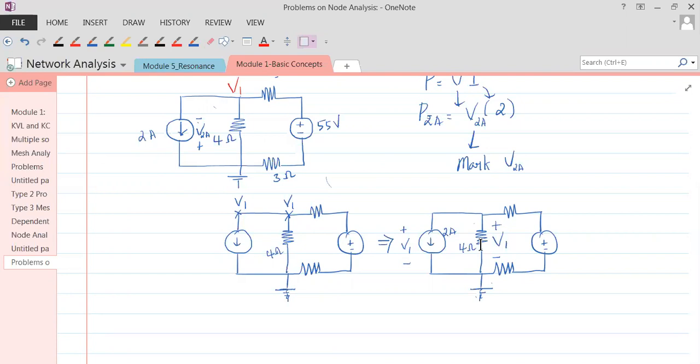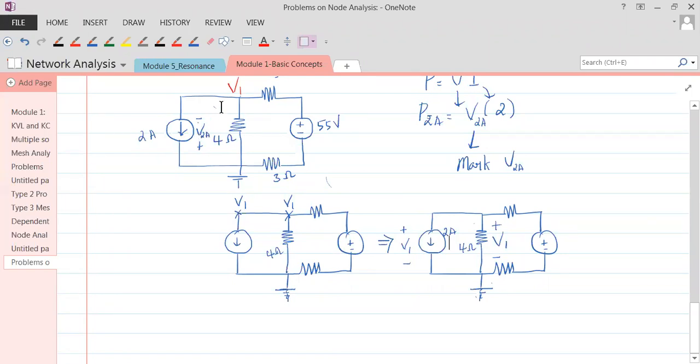Okay, but what is the difference between this V1 and the V2 amperes that we have marked there? Anybody, can you make out the difference? What is the difference between the V1 coming across the current source here and the V subscript 2 amperes that we have marked here? The polarity difference is there. We have already found out V1. That means what would be V2 amperes?